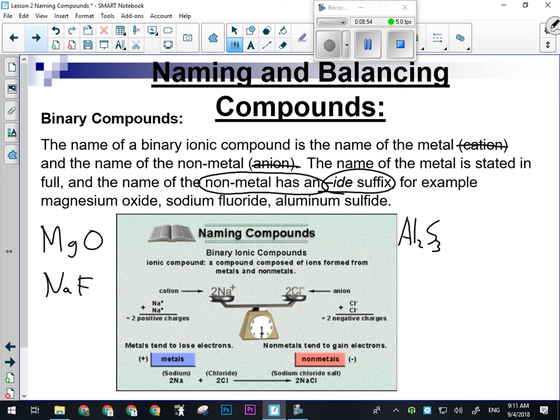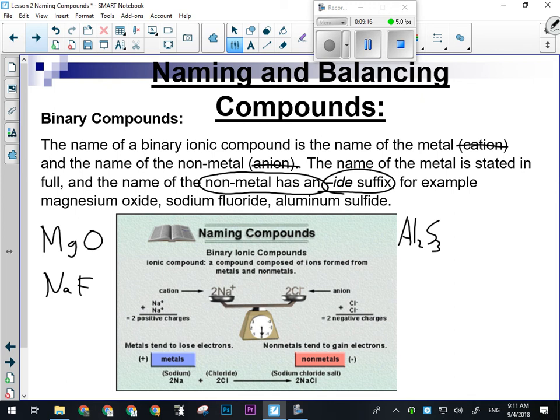Now, things to remember. See all those names I wrote? What don't any of those names have? They don't have any prefixes, because we don't use prefixes in ionic compounds. When aluminum reacts and joins with sulfur, there's only one way for them to go together because their charges have to balance.